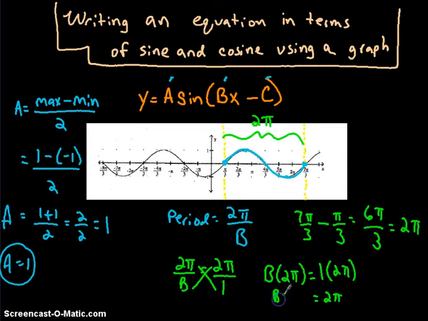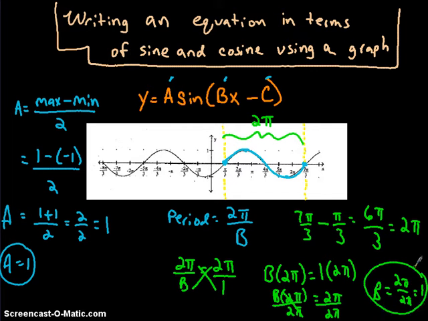To finish solving for B, you divide both sides by 2 pi, so that you see these cancel. So B equals 2 pi divided by 2 pi, which you know is 1. So I know that B has to be 1.